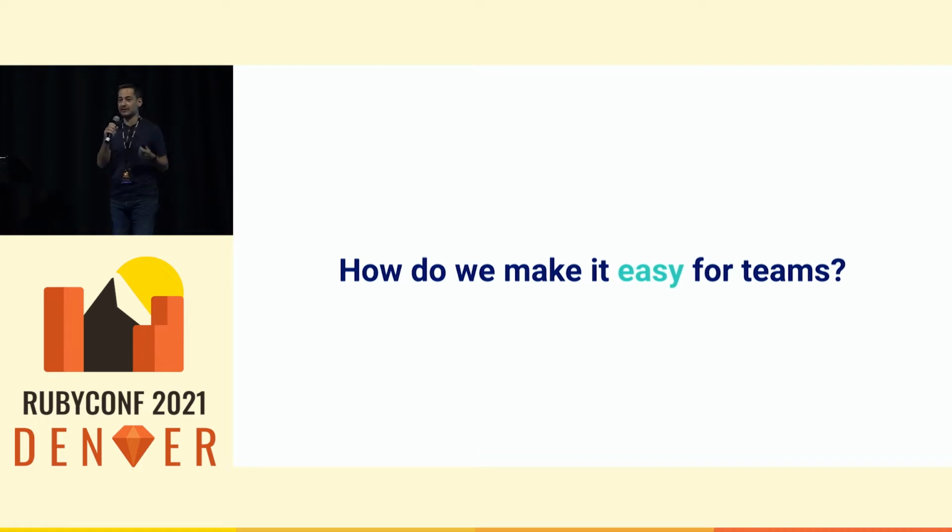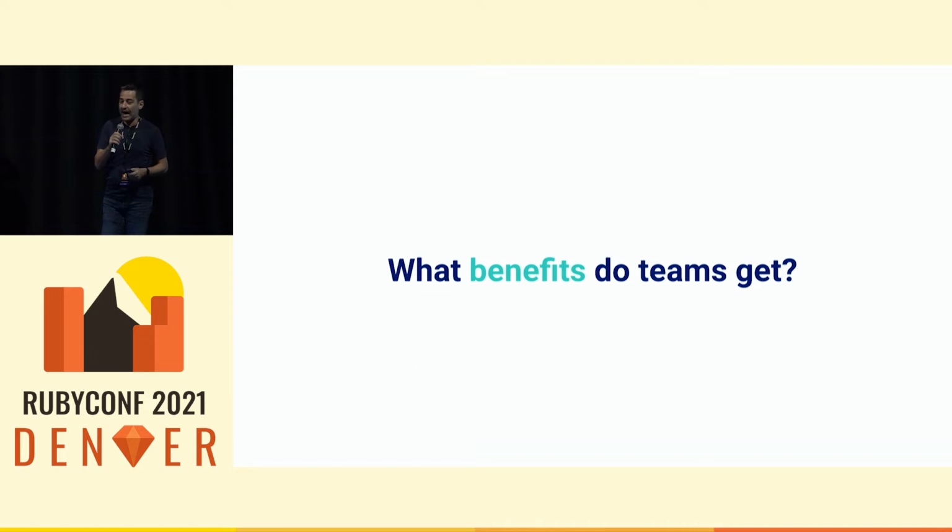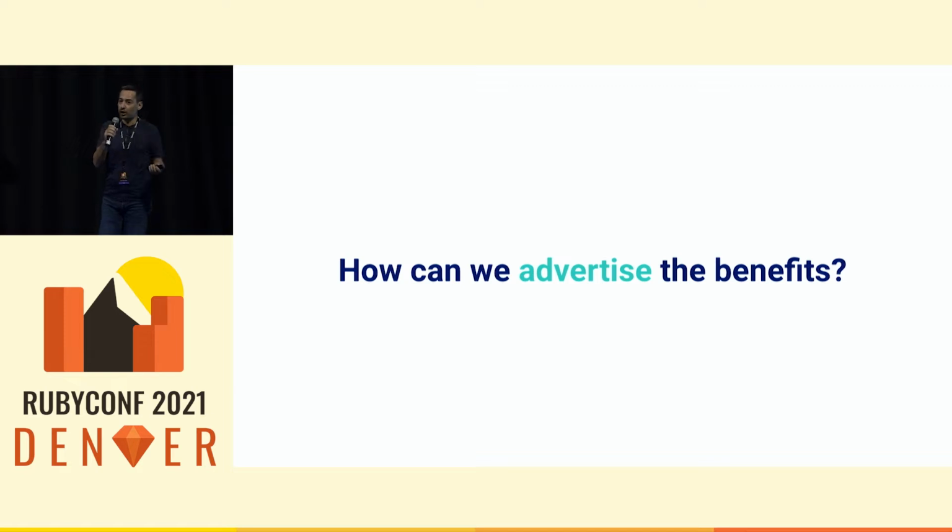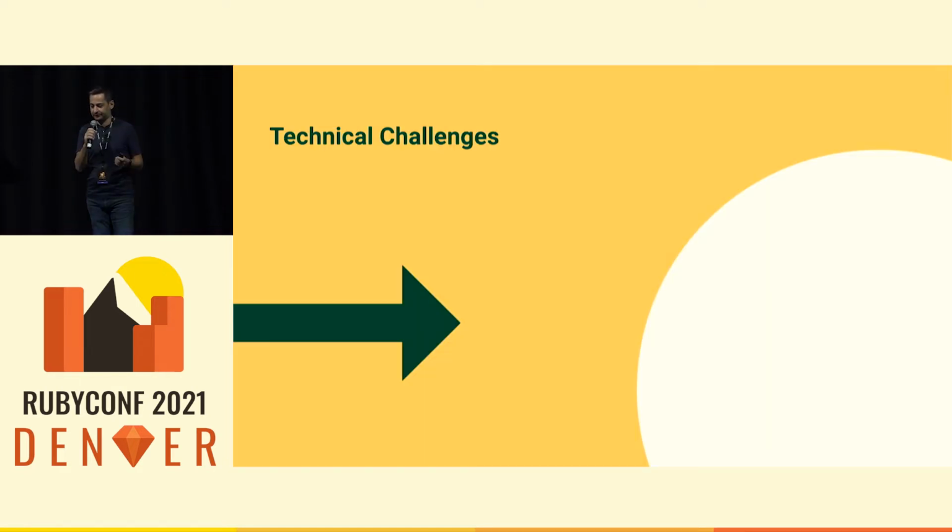That's an important question. If you can't solve that, then the adoption is going to falter. And what benefits do those teams get through the adoption? If we don't explain that very clearly, then people will not do the adoption. And more importantly, how do we advertise those benefits? It's not enough that the benefits are there, they need to be understandable and knowable by the people.